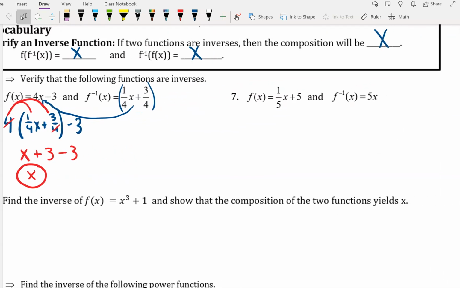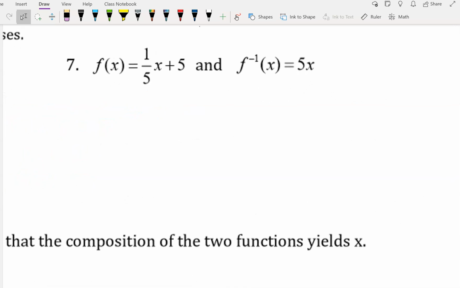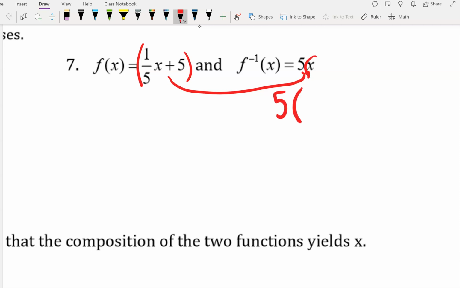Let's try the next ones. I am not so confident that these are actually inverses of each other. So we'll plug in and we'll see. It doesn't matter which one we plug into the other. So I'm just going to plug this one into this one this time, just so it's different than how we did it the last time. So I write the 5, but instead of this x, I'm going to put 1/5 x plus 5. 5 times 1/5, those will cancel, we'll get just x.